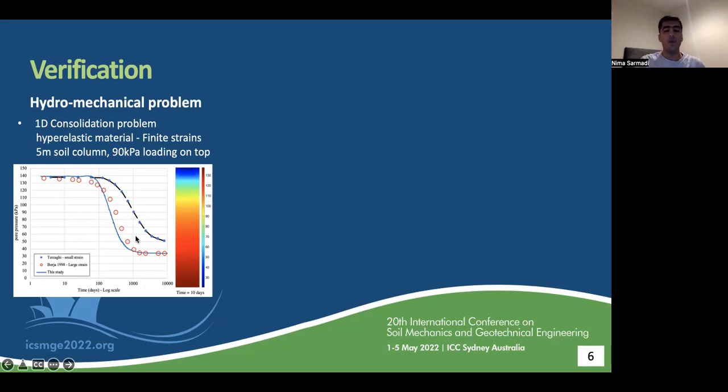It is also different from the Terzaghi solution, which depends on linear, small strain elasticity, and the difference that you see between these two solutions is the amount of real settlement of the soil column.